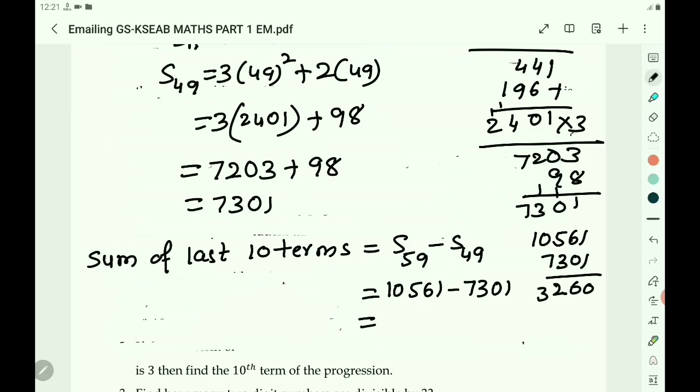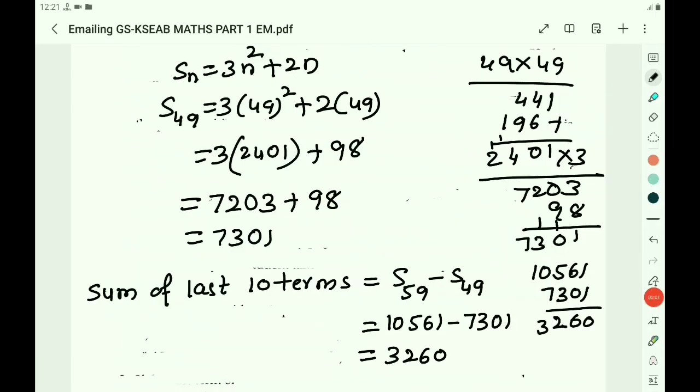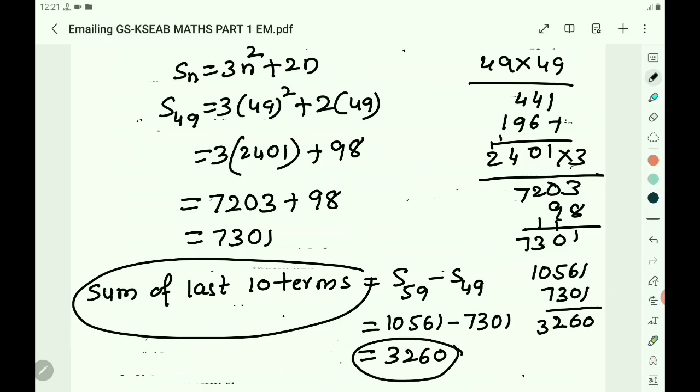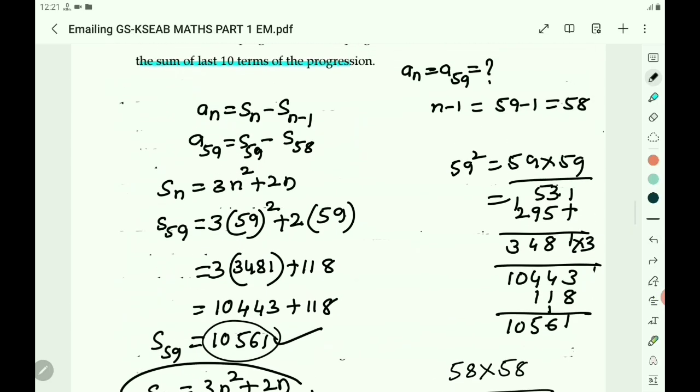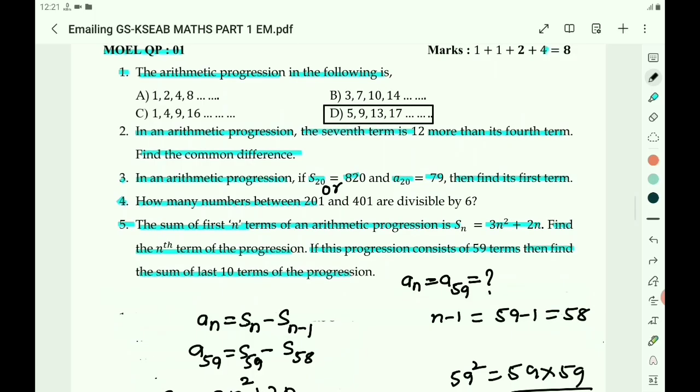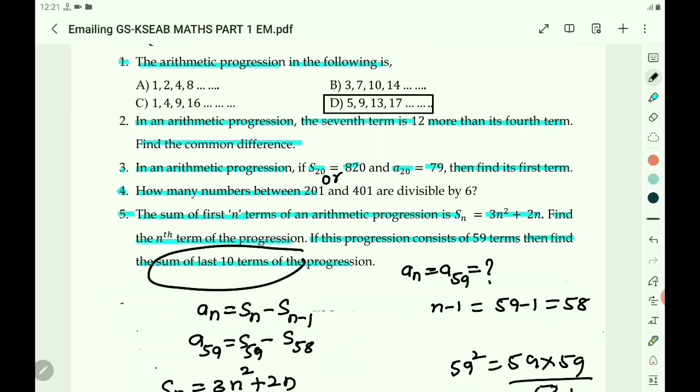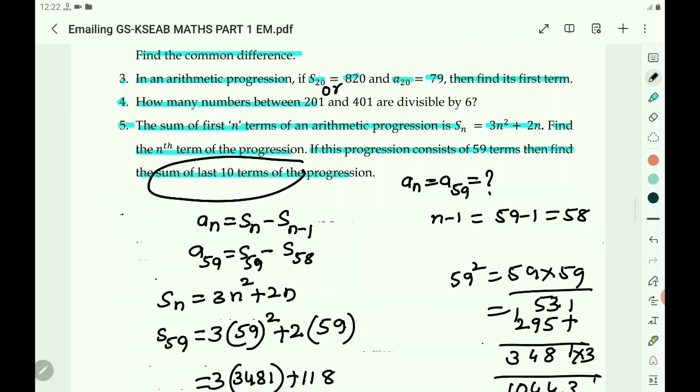You got 3,260. Therefore, sum of the last 10 terms is equals to what? 3,260. You got all the answers here: last term, 59th term, and sum of last 10 terms.